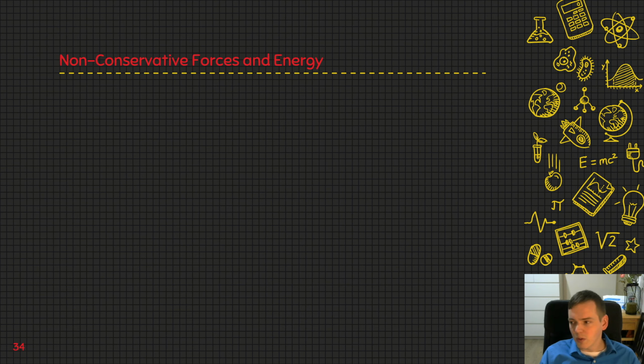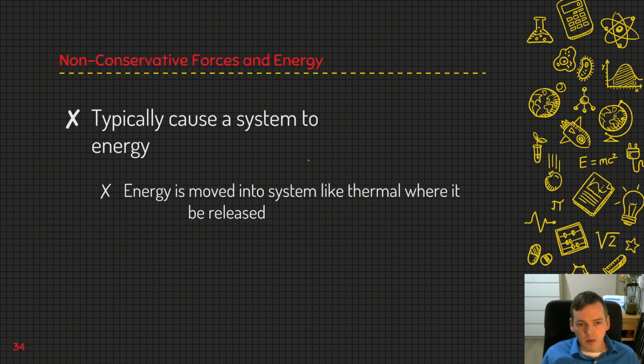Non-conservative forces, and where those come into play with energy: these typically cause a system to lose energy. So energy is moved into a system like internal thermal energy, where it can't easily be released.